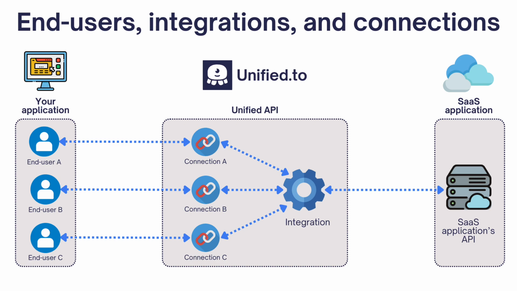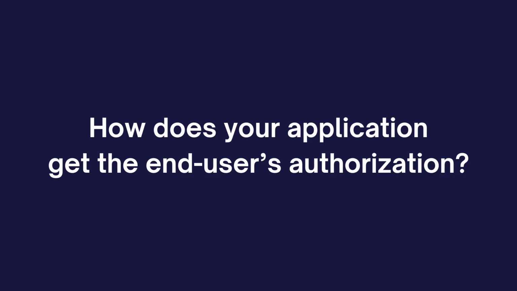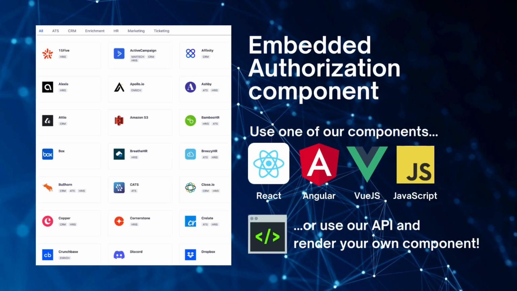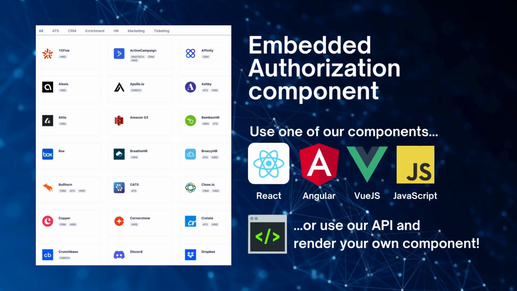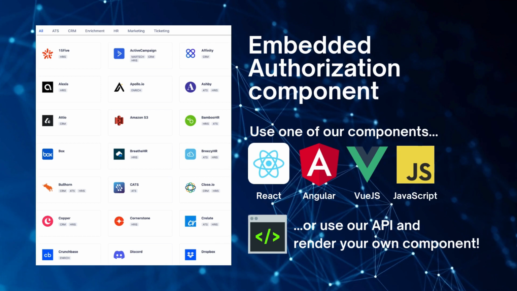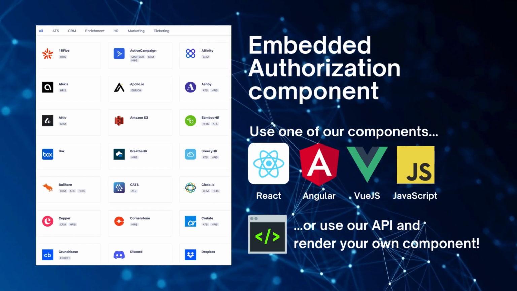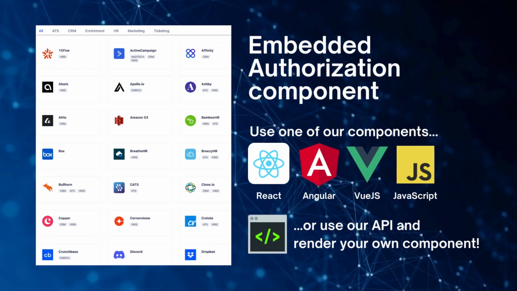Now, you're probably wondering, how does your application get the end user's authorization to use their account on a SaaS application? And the answer is the Embedded Authorization component. It displays the logos for all the SaaS applications for which your application has Unified.to integrations.